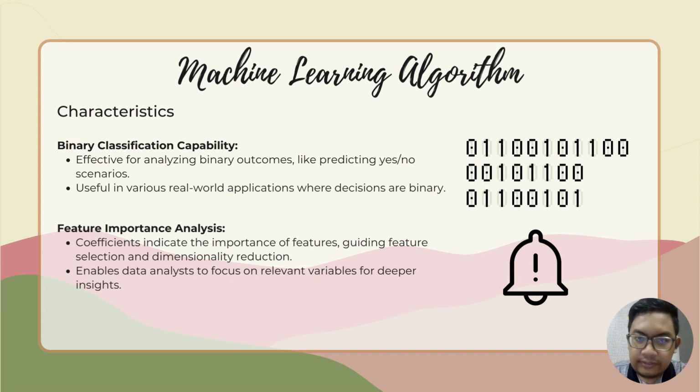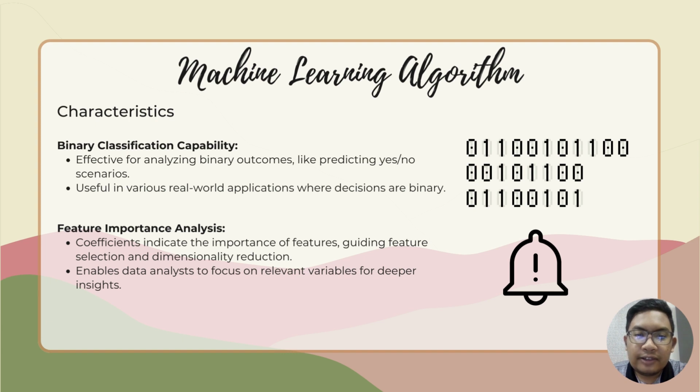The characteristics of logistic regression are, first, binary classification capability, which is effective for analyzing binary outcomes such as predicting yes or no scenarios, and useful in real-world applications where decisions are binary.